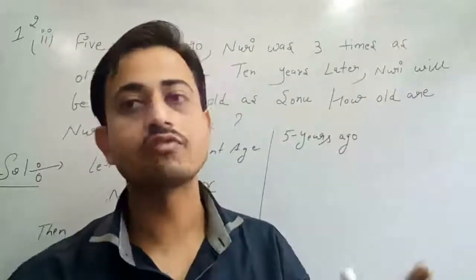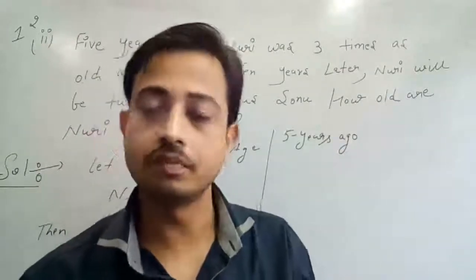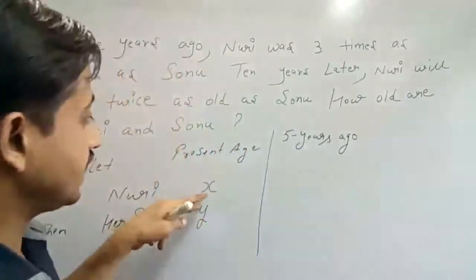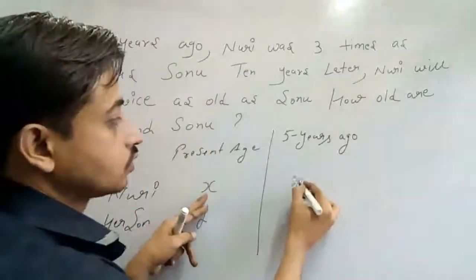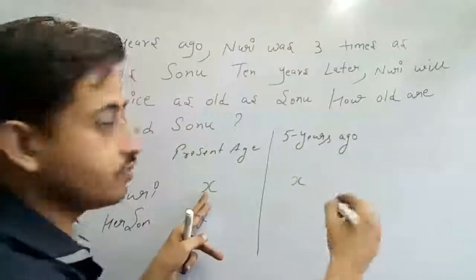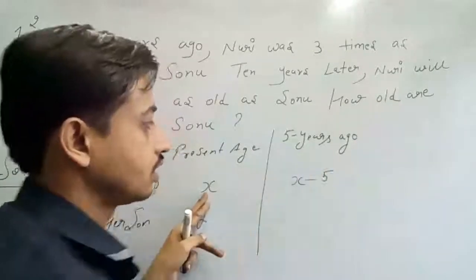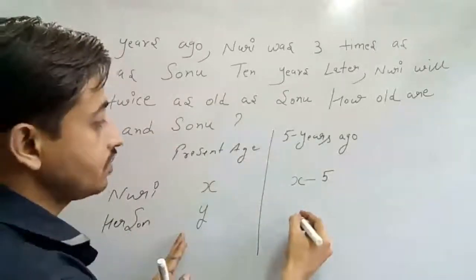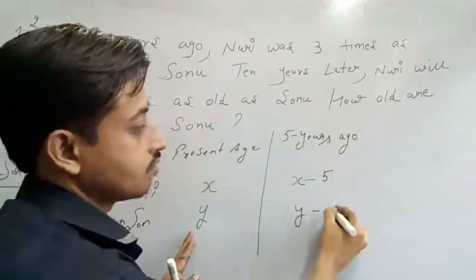Naturally 25 minus 5. It means we get 20. Same, we have to subtract 5. Present age of Noori is X. So what's the age before 5 years? X minus 5. And what's the age of her son before 5 years? Y minus 5.